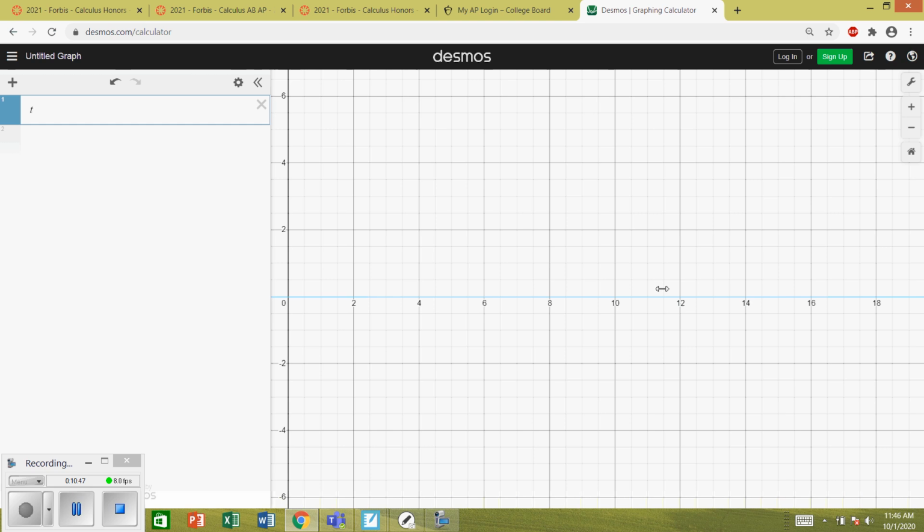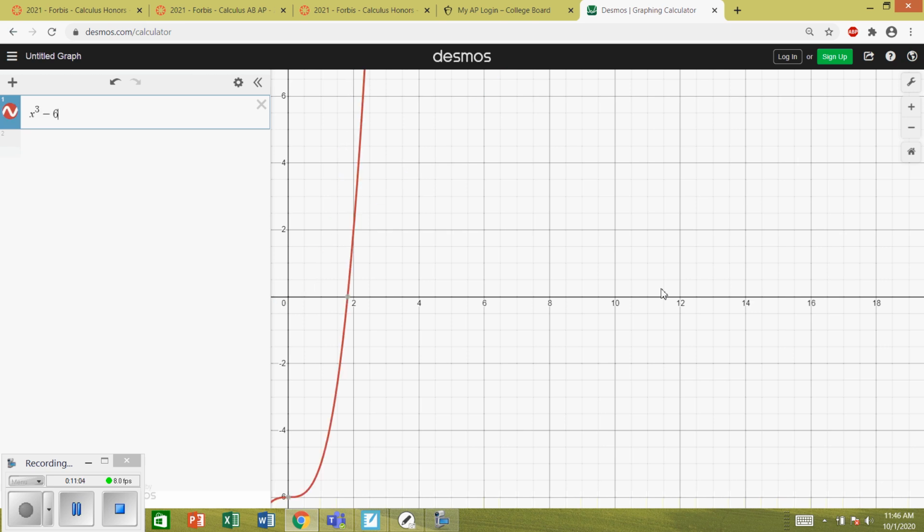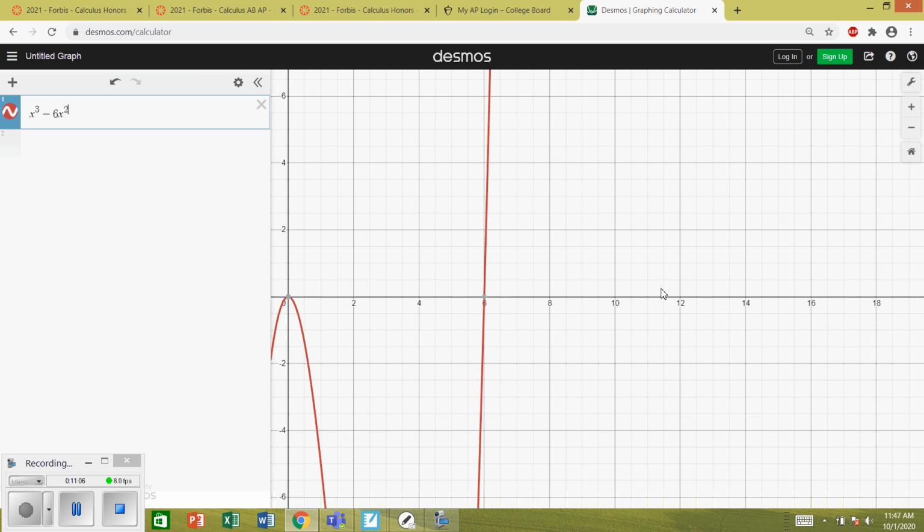And my original equation was t cubed minus 6t squared. Oh, and it doesn't like t, so I got to use x. So x cubed minus 6x squared, and then plus 9x.